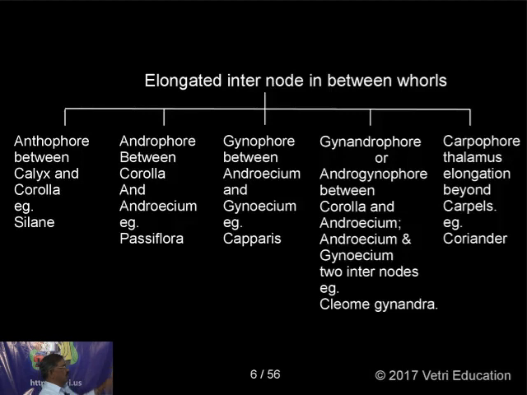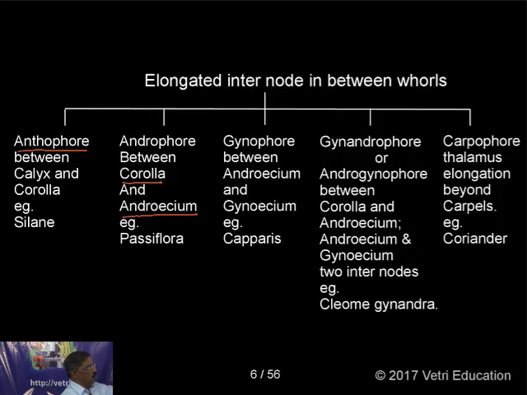The first one is called the anthophore. The anthophore is an elongation between calyx and corolla. Those diagrams I will show later. Example, Silene. Androphore is the elongation between corolla and androecium, that is the stalk of the androecium. Example, Passiflora.